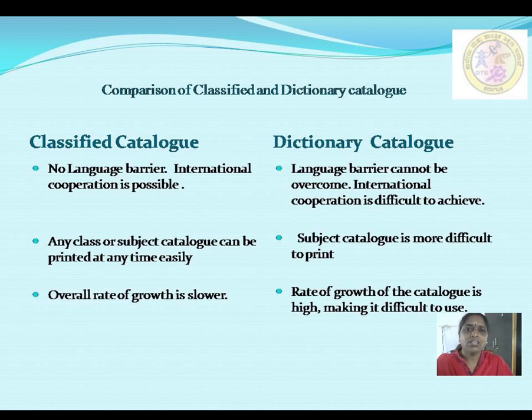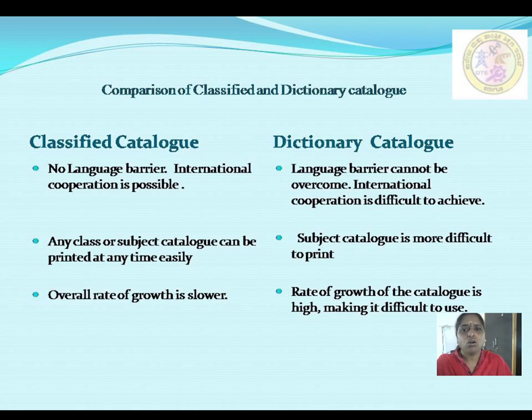As and when there is a rise in the cards, there is a rise in the catalogs also. Right? As the collection increases, subject entries increase, and as subject entries increase, cross reference and index entries increase. So there will be a bulk of cards which you have to prepare in the dictionary catalog.